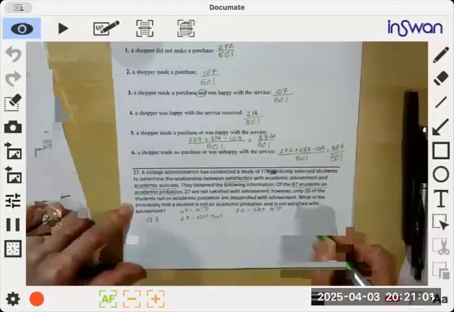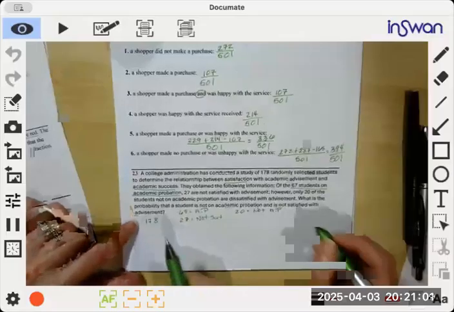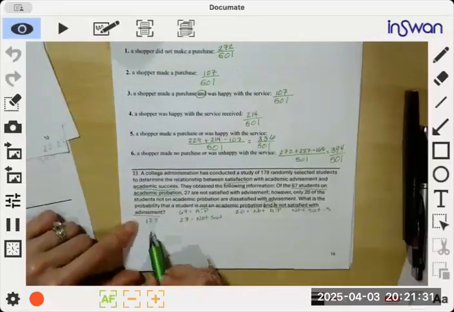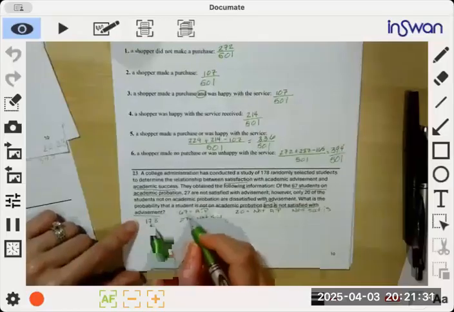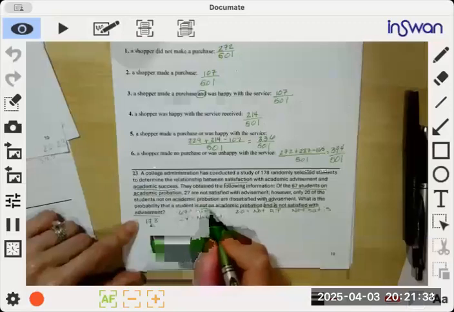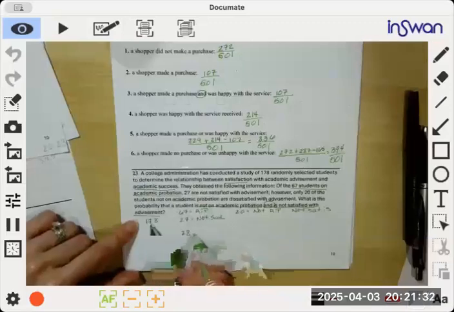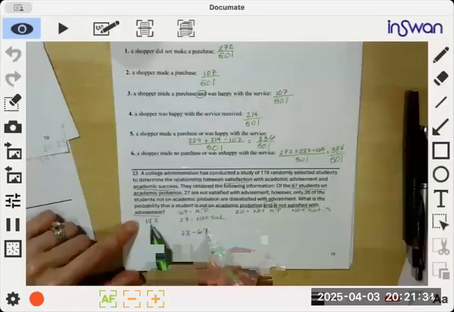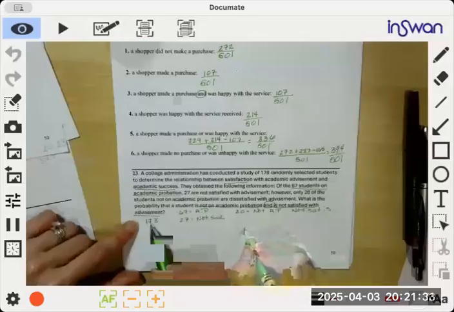All right. So we know 67 are on it. We know that we have a total of 178. So 67 are on academic probation. That means 178 minus 67, or 111, are not on academic probation.